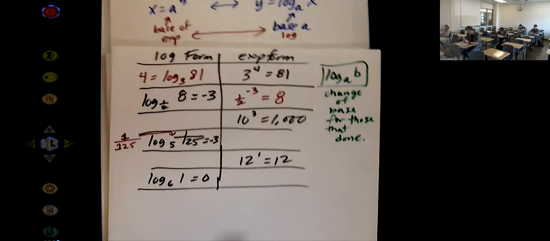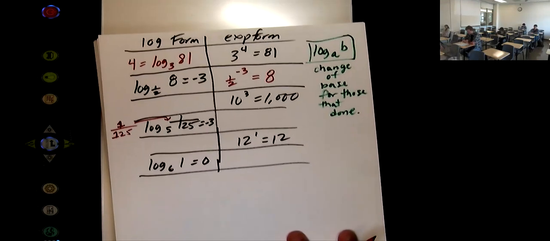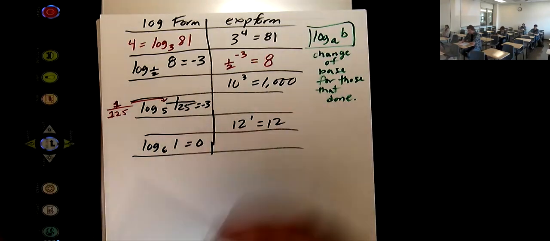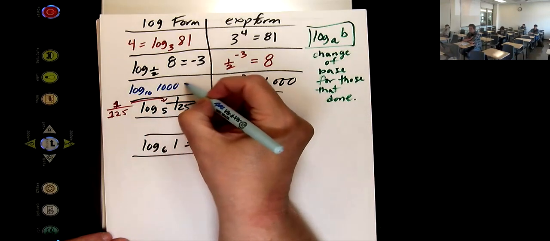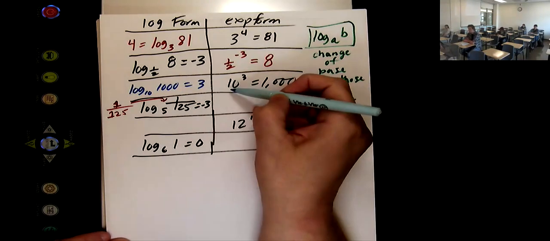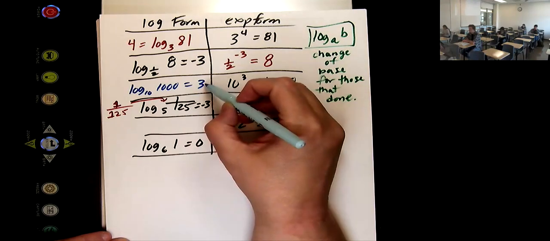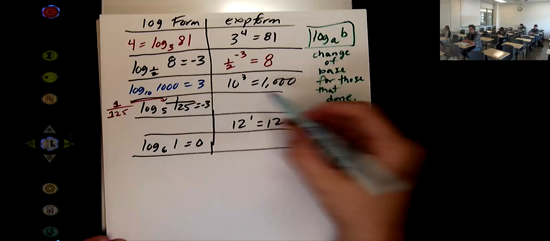All right, so what can I do with this, 10 cubed equals 1,000? Log base 10 of 1,000. Did anyone else get that? Yeah, this is the base for the log. The exponent ends up being the other side, and the value that equals is the argument. What about this one?